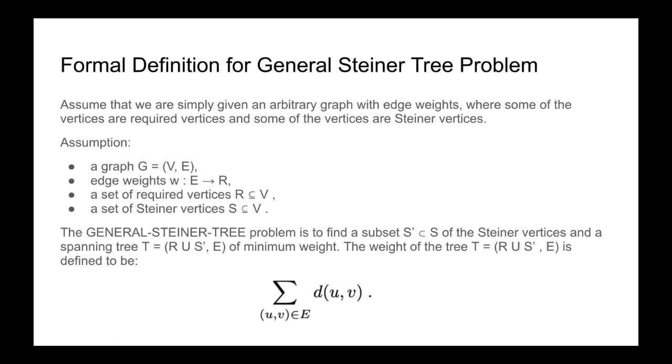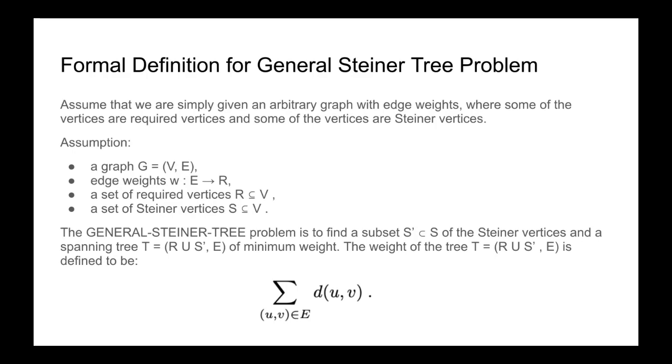and a set of required vertices, we'll call them R, belong to the big set of vertices V, and a set of standard vertices which are again a subset of the big set of vertices V. So the general Steiner problem itself is: find a subset S' from the set of all the standard vertices and a spanning tree T of R union S' along with edges E of minimum weight.